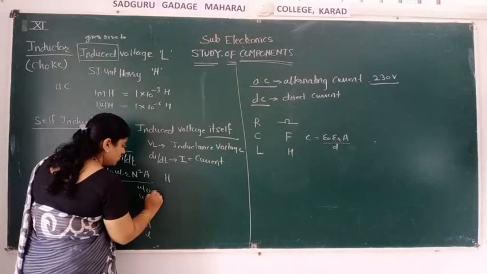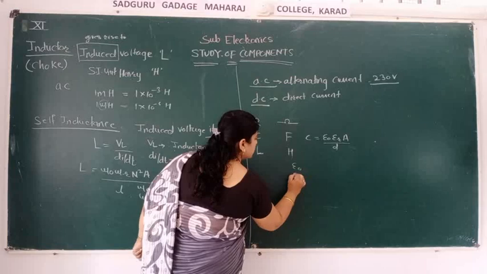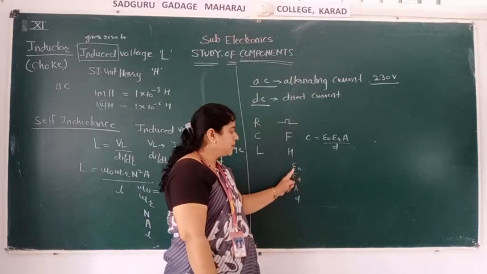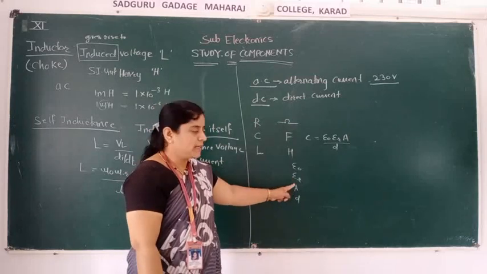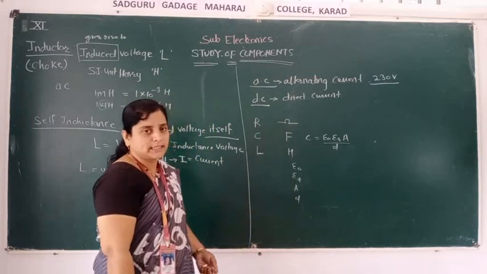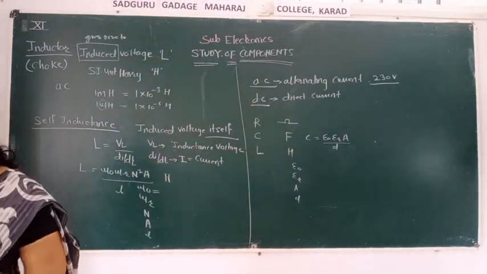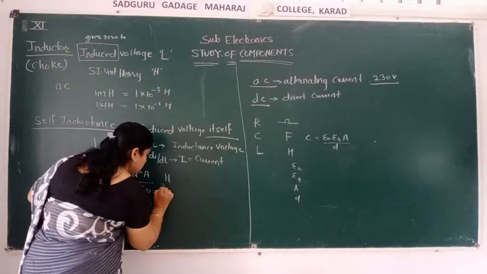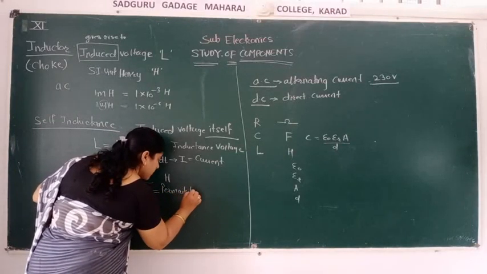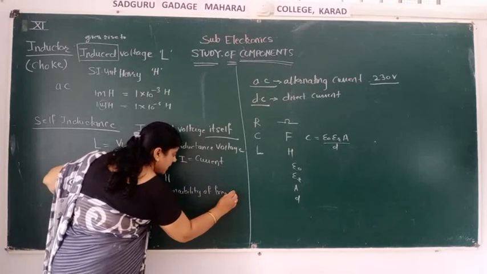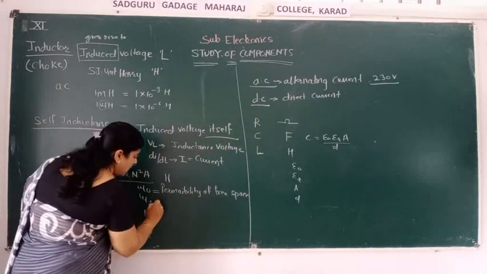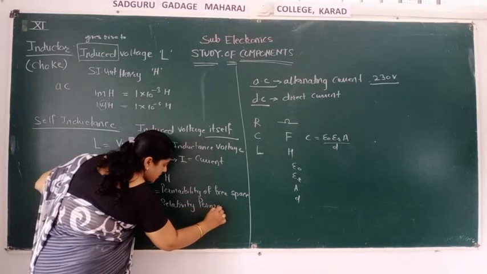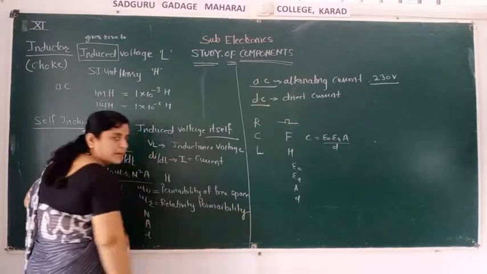In the capacitor, epsilon 0 epsilon r, A and d: we have seen it. Here mu 0 is the permeability of free space, and mu r is the relative permeability.